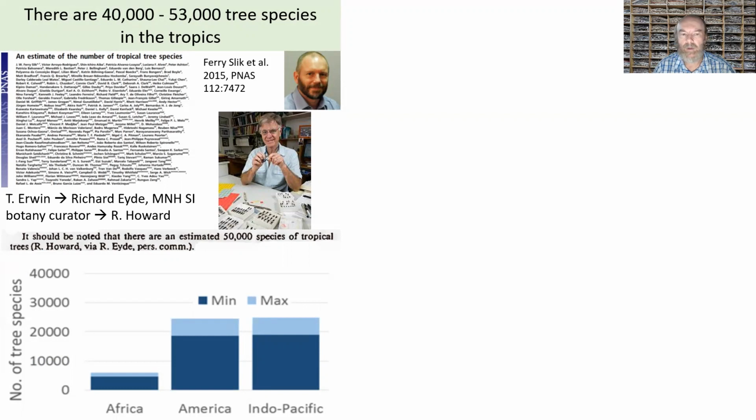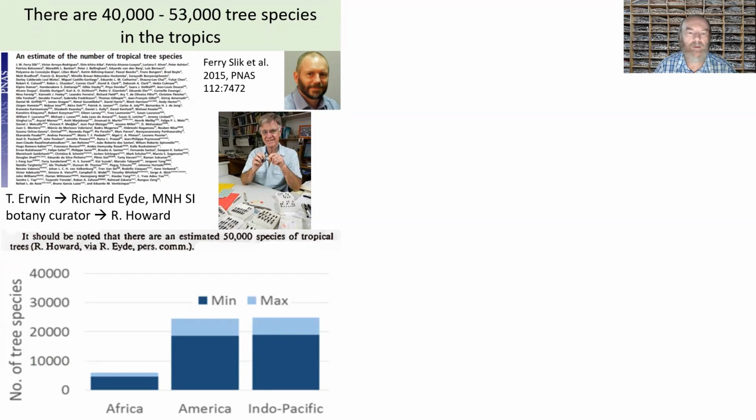So he was a curator at the Museum of Natural History at the Smithsonian, and so he asked his colleague Richard Ide next door, and the botany curator, and he also didn't know. So Ide called a colleague, Richard Howard, on the phone, and after some minutes of intense thinking, Richard Howard ventured a guess that there might be around 50,000 tree species.